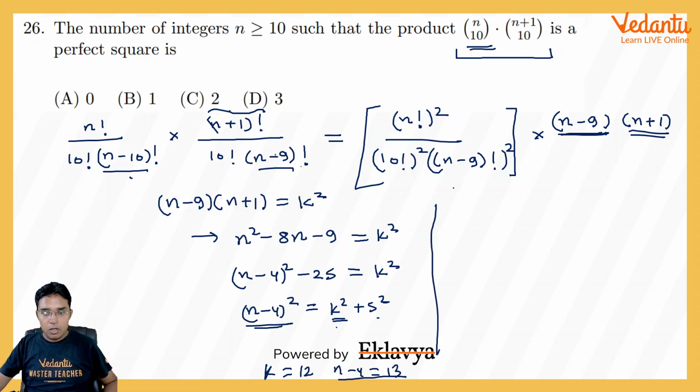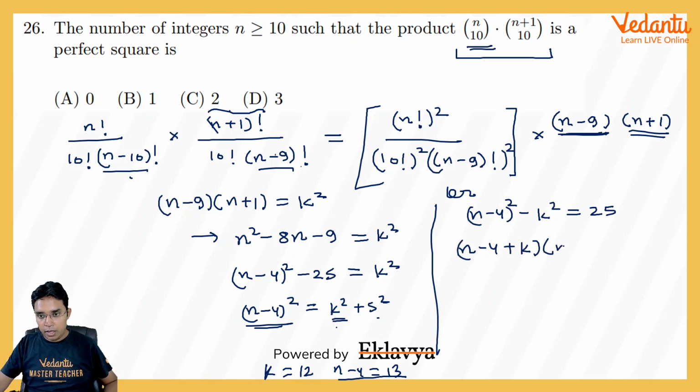Or what you can do, you can write this as n minus 4 whole square minus k square is equal to 25, one very standard method. So we get n minus 4 plus k into n minus 4 minus k as 25, and they will be 1 into 25, because if they are 5 and 5, then I think it is not possible, because then k has to be 0.